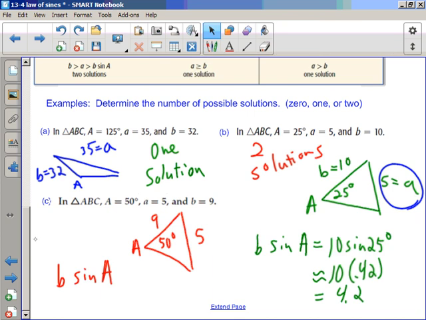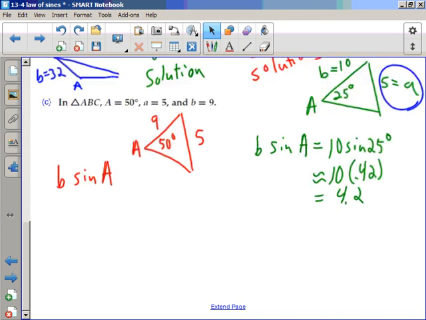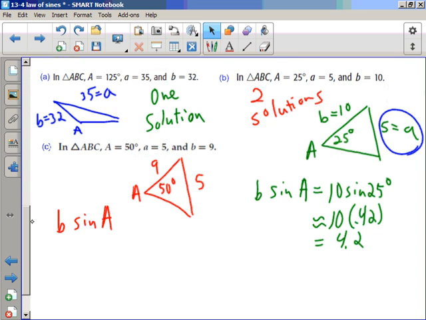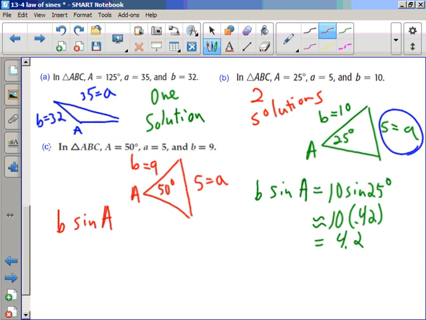So it's an acute angle, and then the opposite side, A, is smaller than the other known side. So we actually have to calculate 9 times the sine 50 degrees and see how it compares to A.